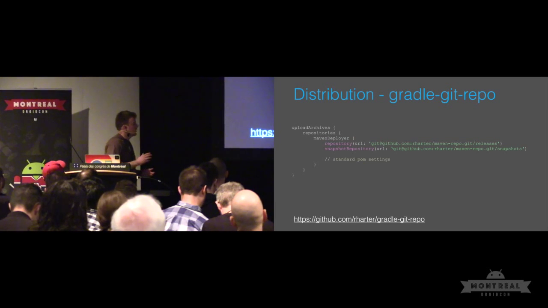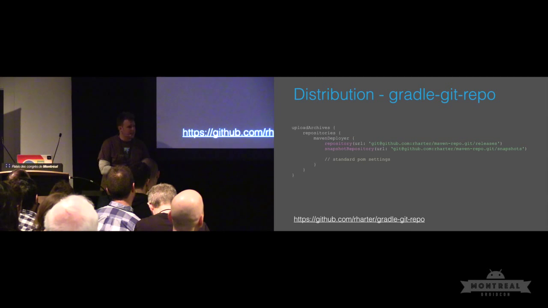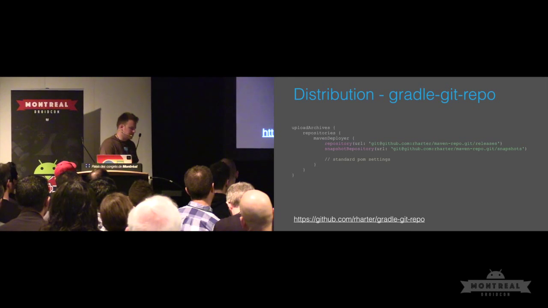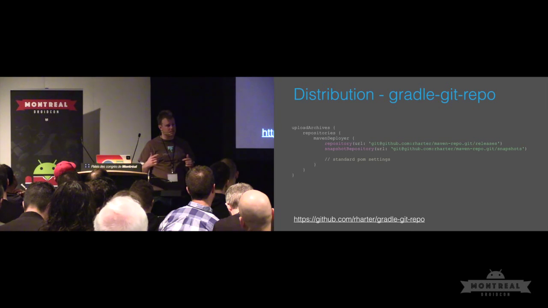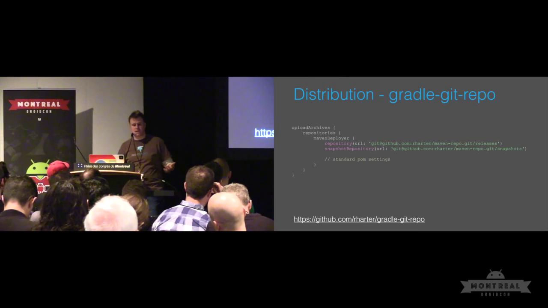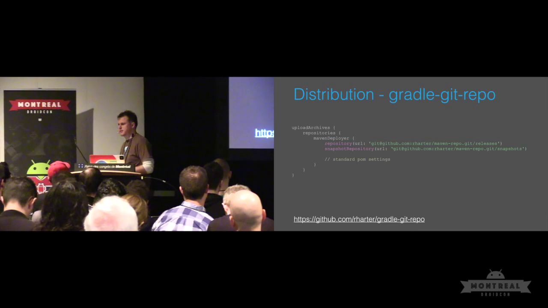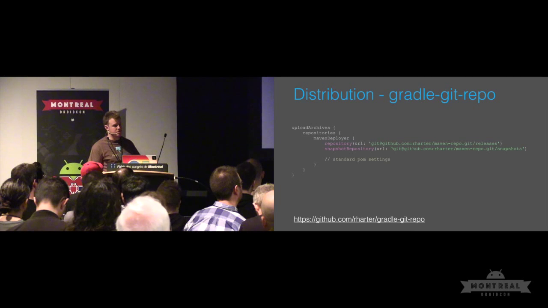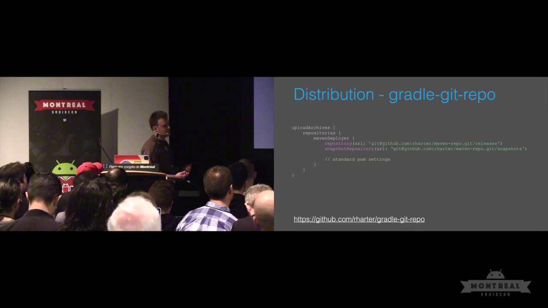I will mention though, for the most part, this is going to be useless right now. As of Gradle 2.2, I think, there were some breaking changes that affected authentication, so it doesn't really work with GitHub. I've got a PR out, and I'm working with Gradleware on fixing that. We're hoping that it's going to be in the 2.5 release, but that'll allow you to just use GitHub's raw URLs to get authenticated access to private repos.